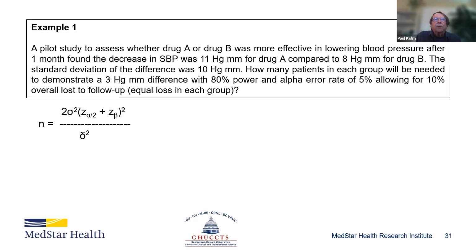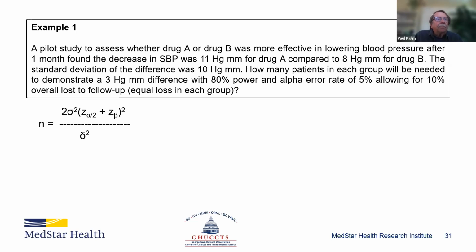And so our question, of course, is how many patients are we going to need in each group to demonstrate the difference of 3 millimeters of mercury with 80% power, an alpha rate of 5%, and we're going to allow for a 10% loss to follow up. And in doing this, we're going to assume that the loss is going to be equal in each group, which of course may or may not be true.